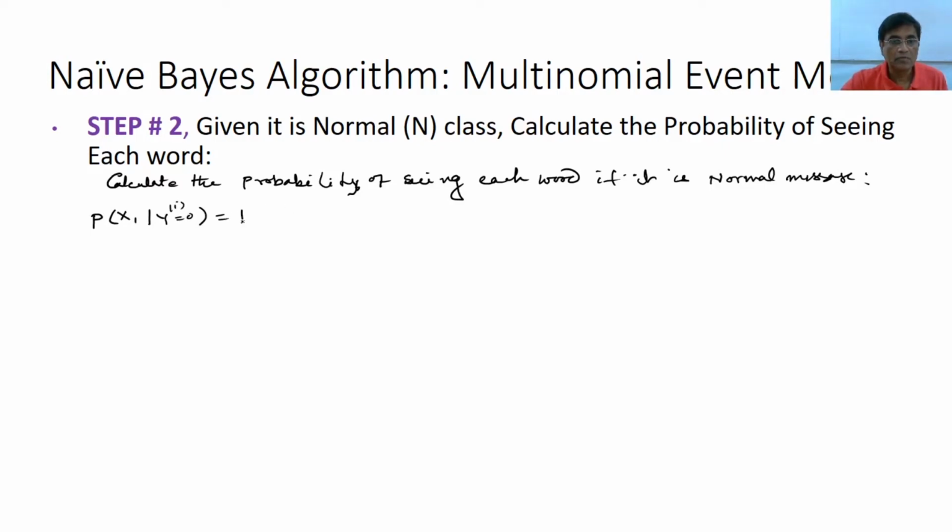That means the probability of hello provided it is a normal message will be equal to 20 divided by 40, equal to 0.5. So likewise we can calculate. For this you need a notebook with your pen and paper.